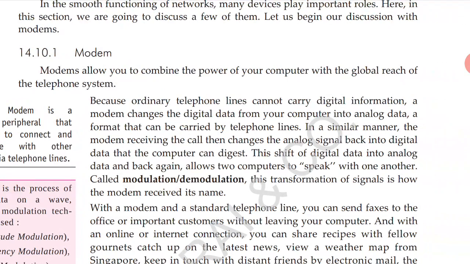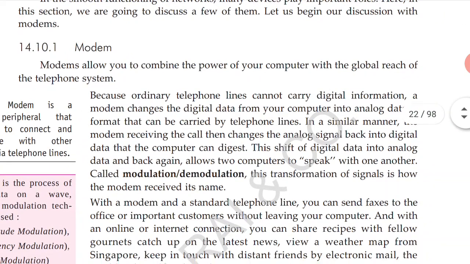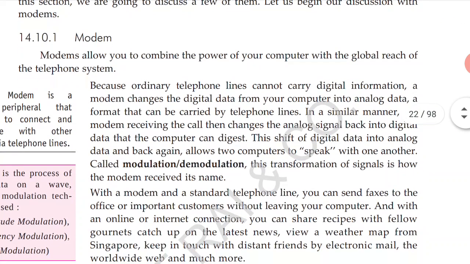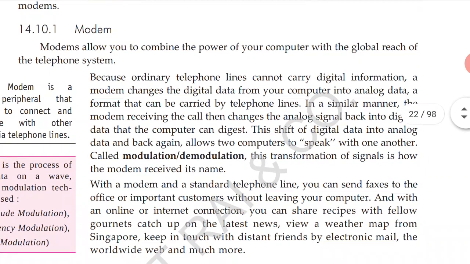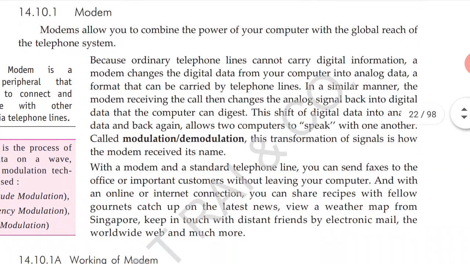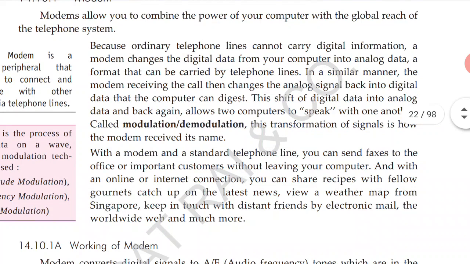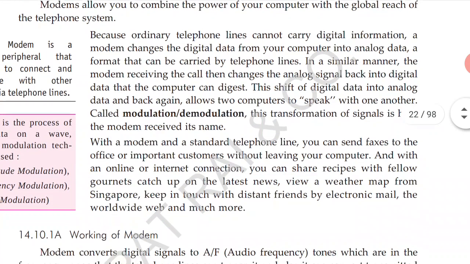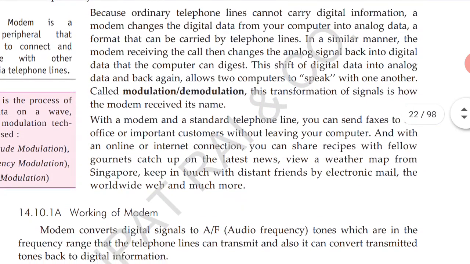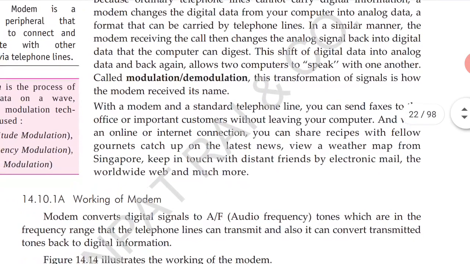Because ordinary telephone lines cannot carry digital information, a modem changes the digital data from your computer into analog data, and it is carried over the telephone lines. In a similar manner, the modem receives the call, then changes the analog signal back into digital data, and this process is called modulation and demodulation.